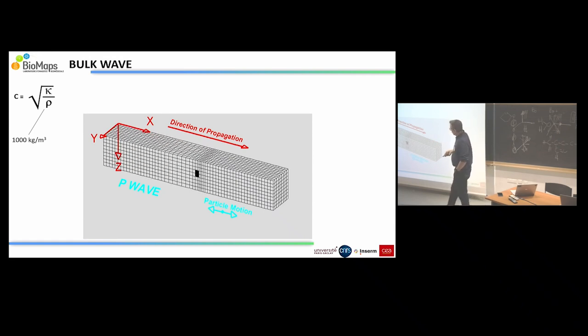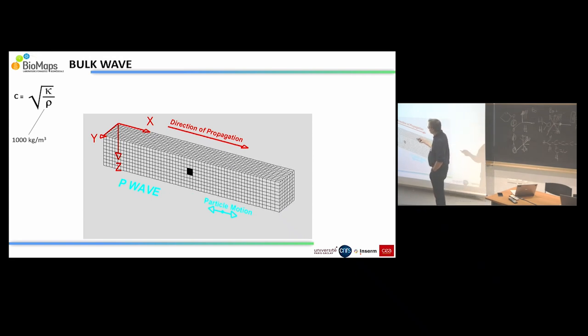The geophysicists call that the P wave, because this is the first wave they hear when they use a microphone to listen to the Earth. And the speed of this wave is linked to the density of materials. Here we suppose that we are in biological tissues, so the density is 1000 for us. And the bulk modulus here, and the speed of ultrasound is defined by this expression.